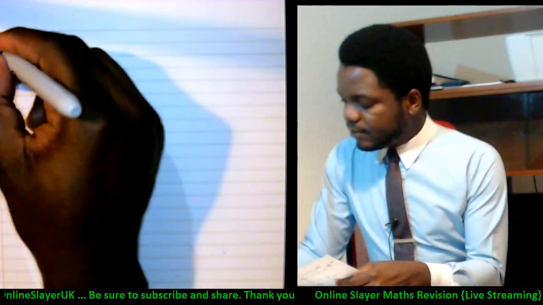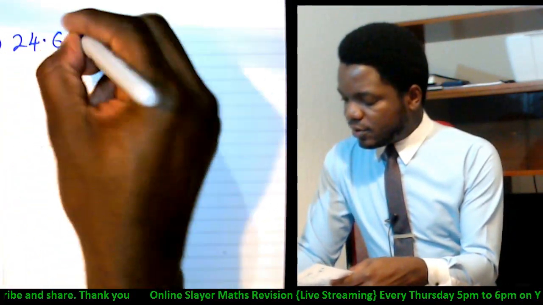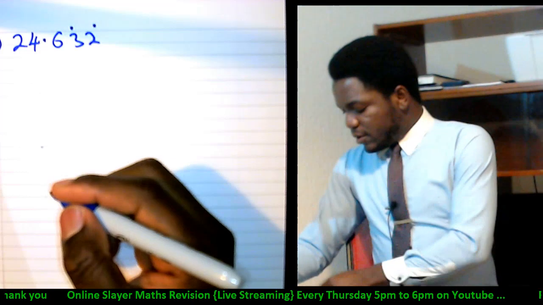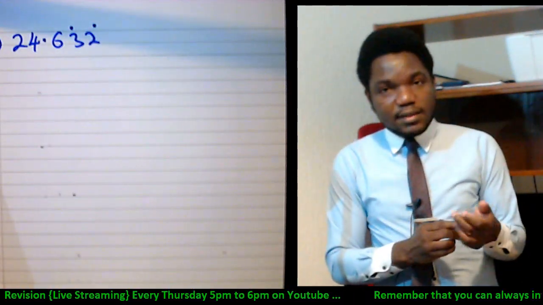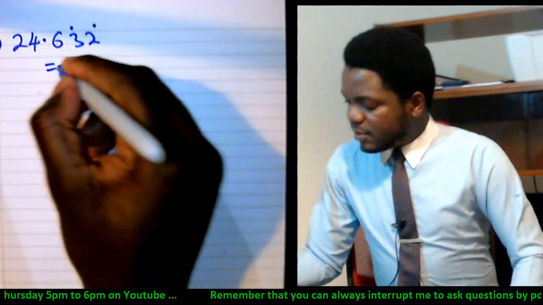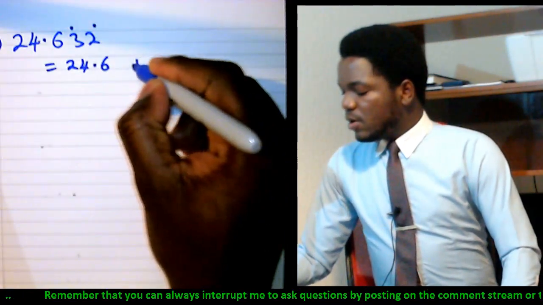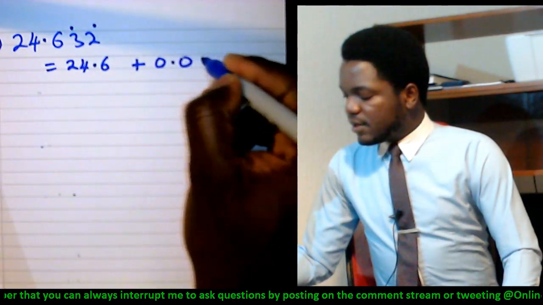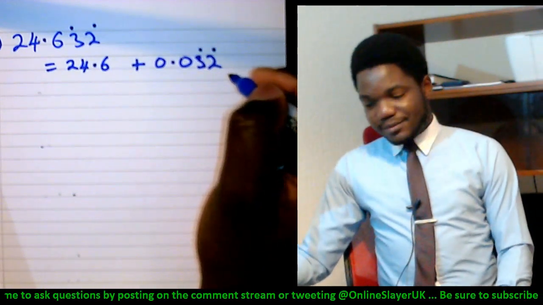So 24.632. I told you the first thing to do is to separate the terminating decimals from the recurring decimal. So this is the same thing as 24.6 plus 0.032 with a cap on 3 and 2.